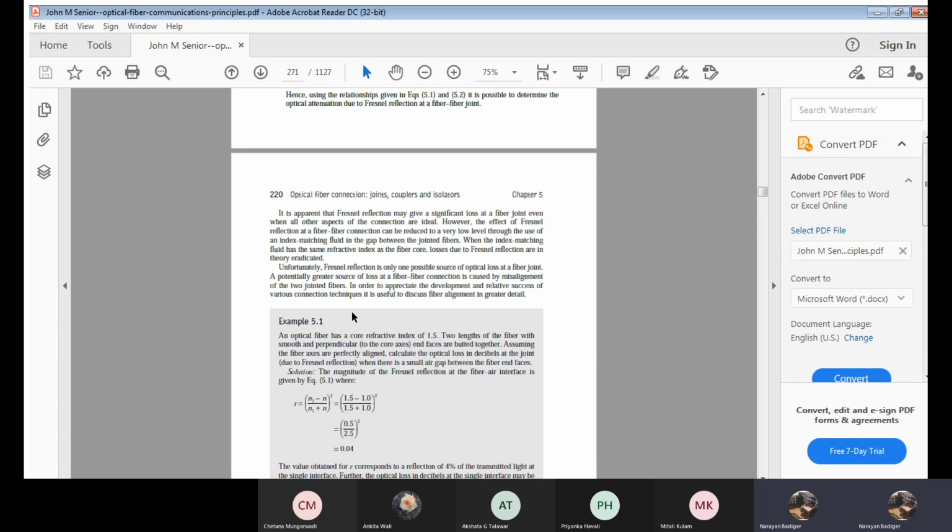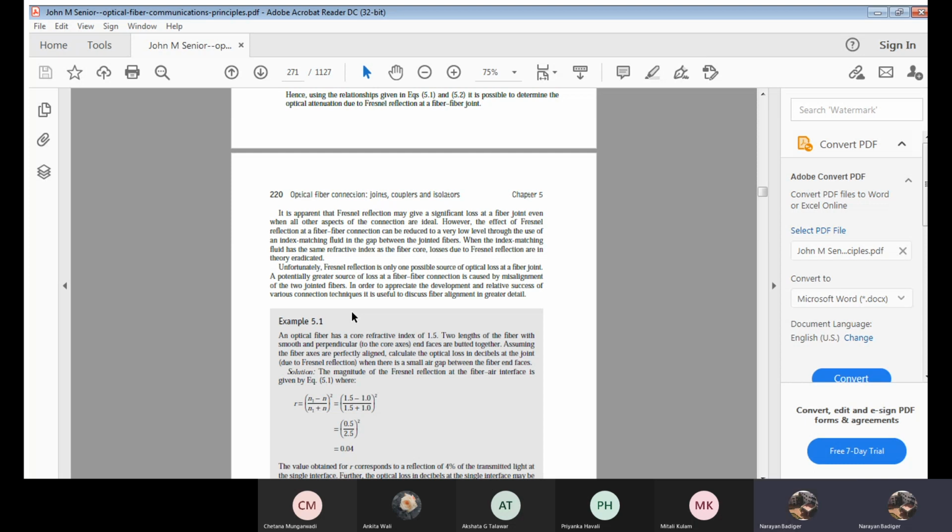Now, what is this index matching fluid? Here we have three indices, n1, n, and n1 again. Of course, n1 and n1 should be the same, but I still have one different refractive index in between. The fluid which we apply at this joint should be index matching.